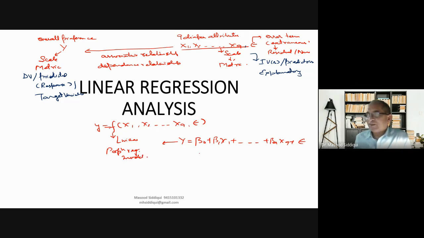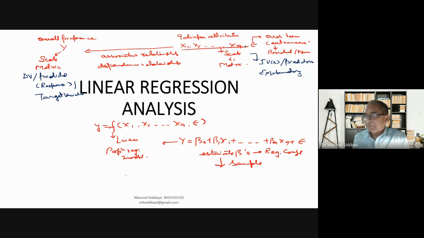And what is our objective? Our objective is to estimate these betas, which are known as regression coefficients.